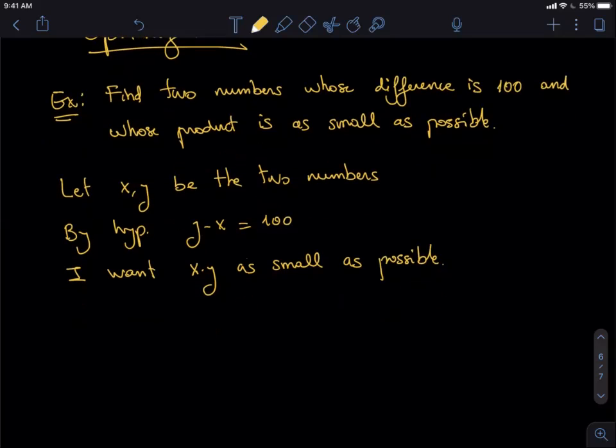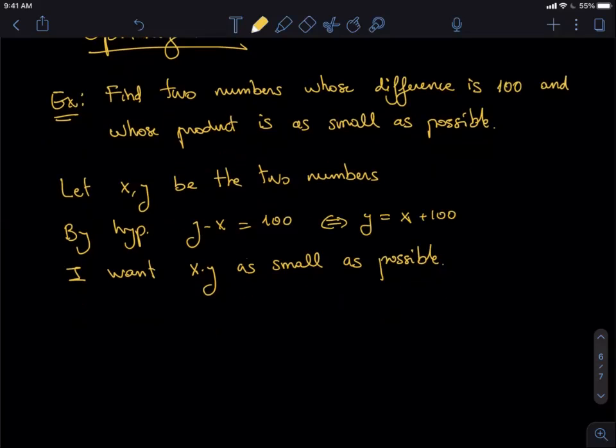So here, to be able to apply calculus, we need one function in one variable. What we notice is that the restriction y minus x equals 100 is telling me that y equals x plus 100.